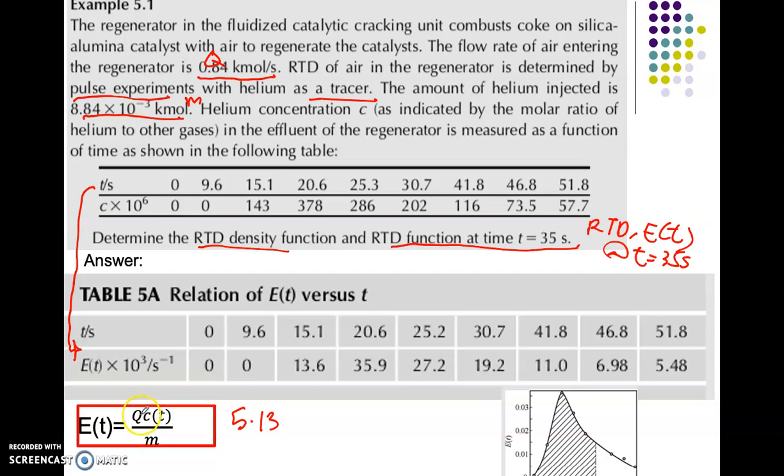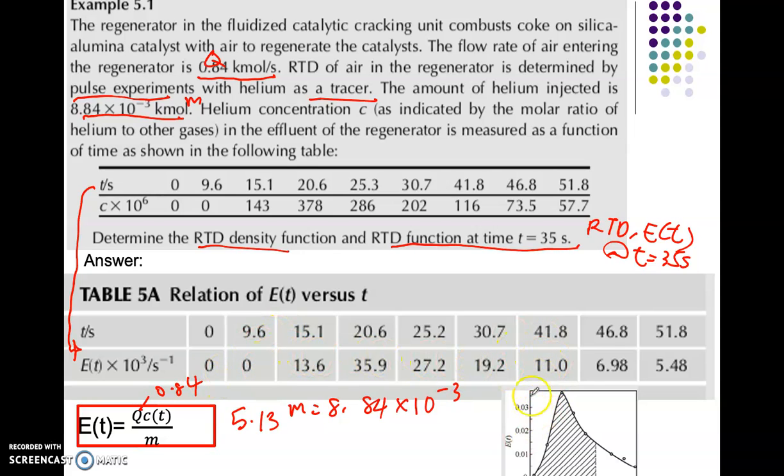Q is given, 0.84, and C(t), you take at every point. M is also given as 8.84 times 10 to the power of minus 3. You calculate back and you will get this kind of E(t).